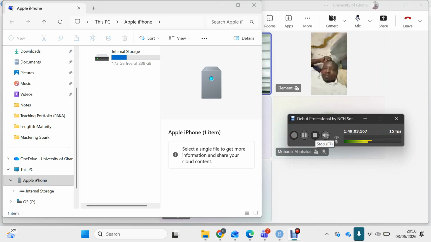Okay, so we can unzip, unlink, so that it doesn't link over there.